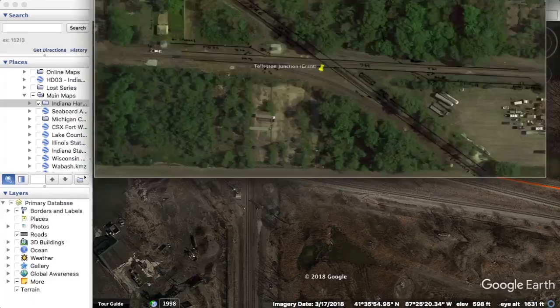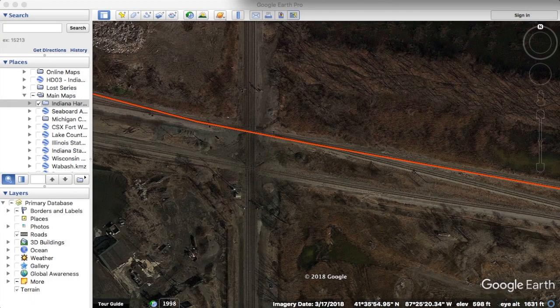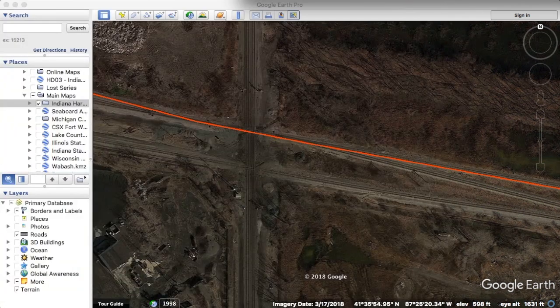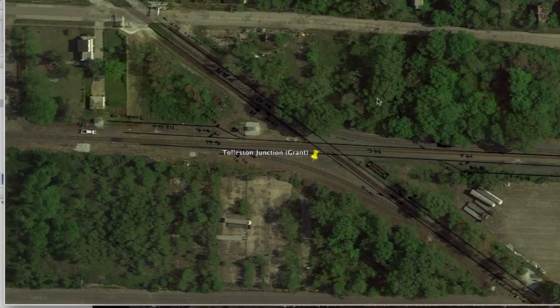I kind of superimposed this particular map onto a Google Earth image. So both trains passed Tolleson Junction here first, going west, which would be back this way.